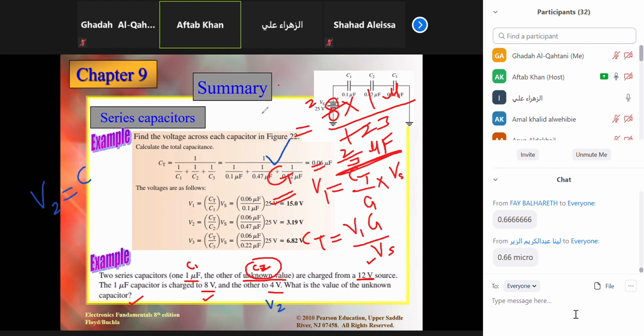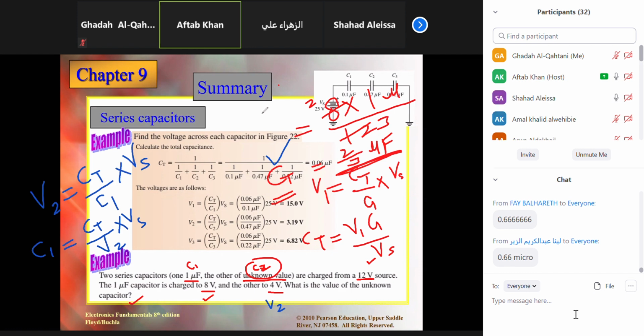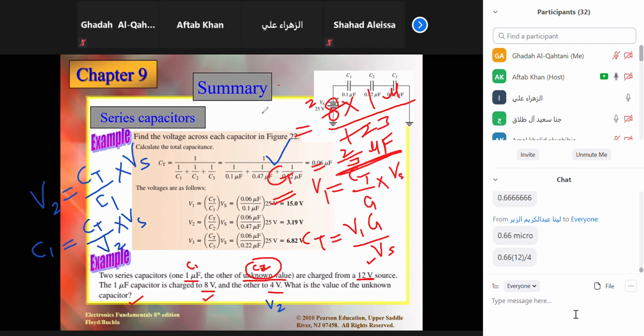V2 is equal to CT over C2 multiplied by Vs. And we can say C2 is equal to CT over V2 multiplied by Vs. Can we say it?